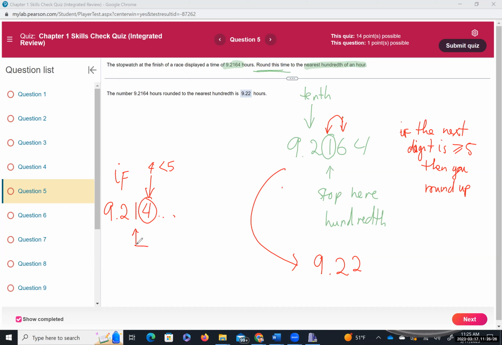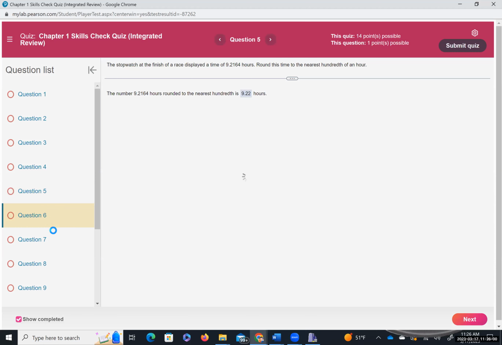It does not affect it, right? So then no round up. You're going to have 9.21 in the case of 9.214 or less than that. So that's the reason why in this case, because I have 6 there, I'm going to have 9.22. That's the answer. Okay, so let's move to the next one.